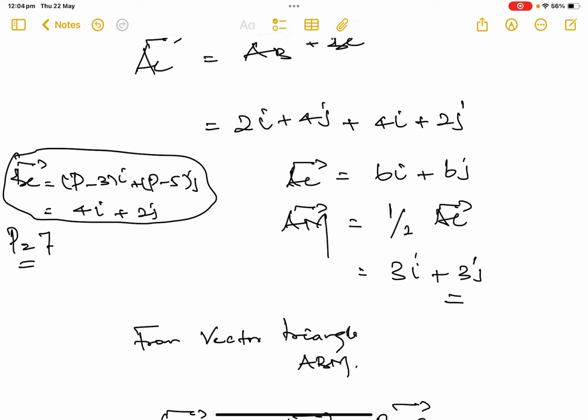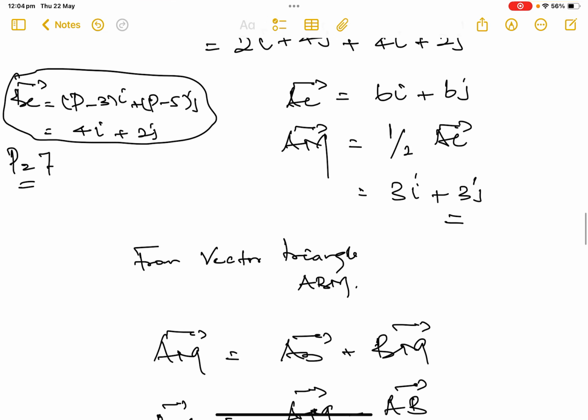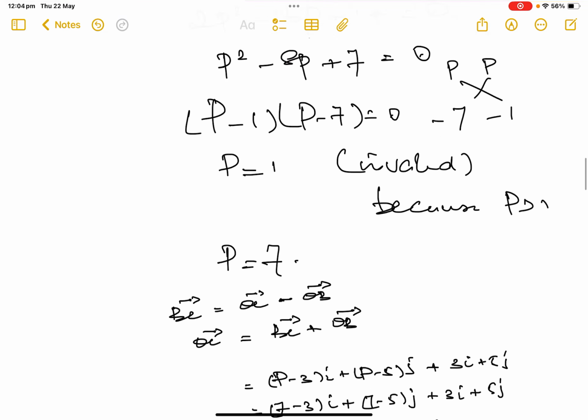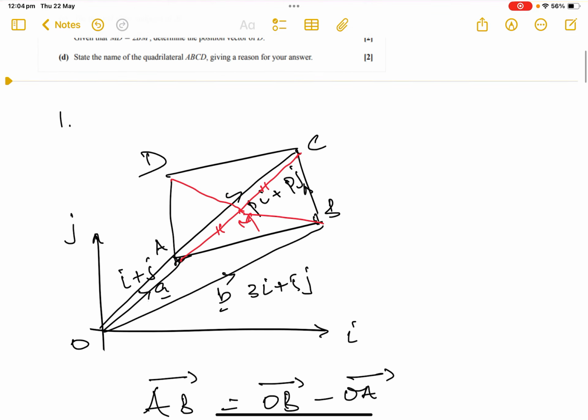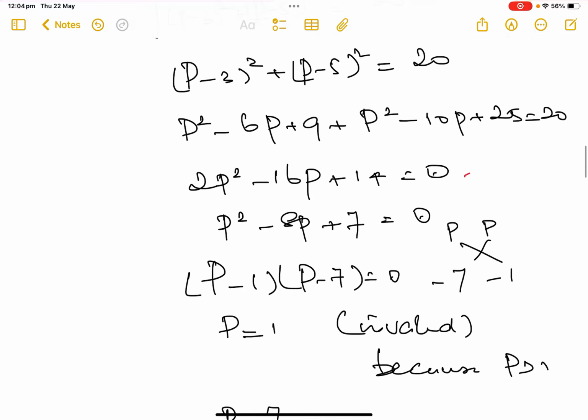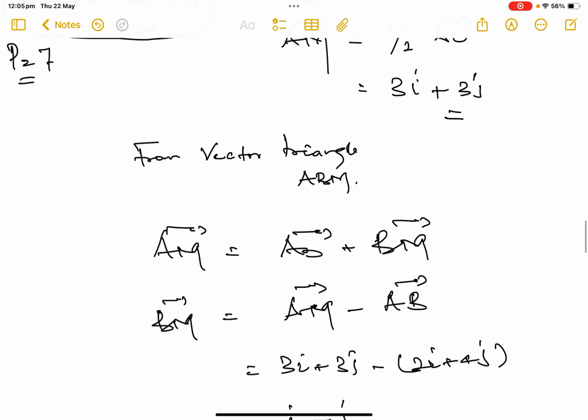M is the midpoint of AC, so AM is half of vector AC, in the same direction. Half means 3i plus 3j, that is AM. Now look at vector triangle ABM. From that, AM equals AB plus BM.